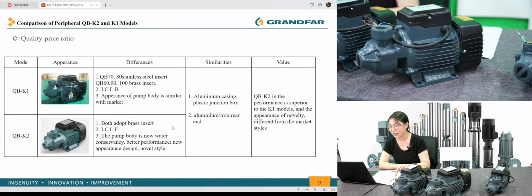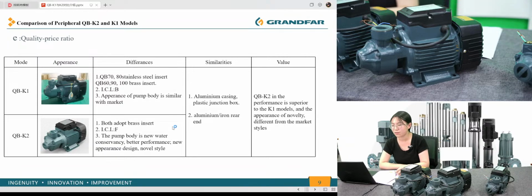In the picture, its appearance is like the first picture. The QB-K2 looks like this. As I talked about in the last picture, their appearance has big differences.